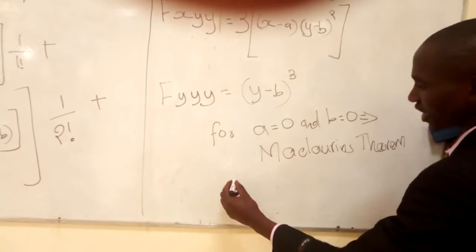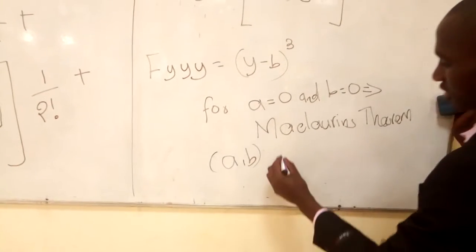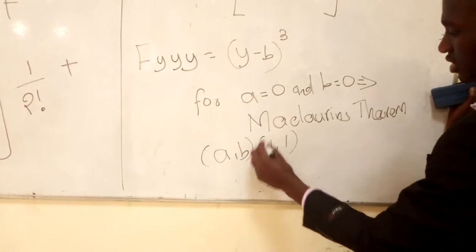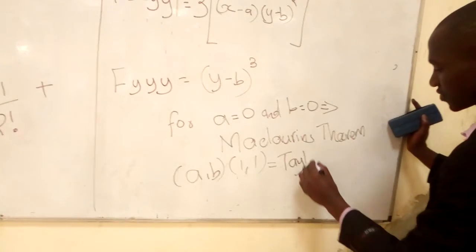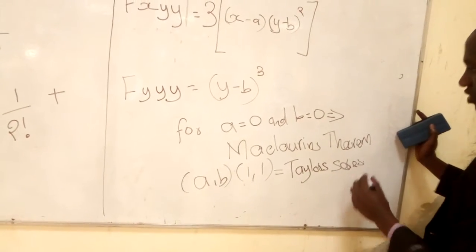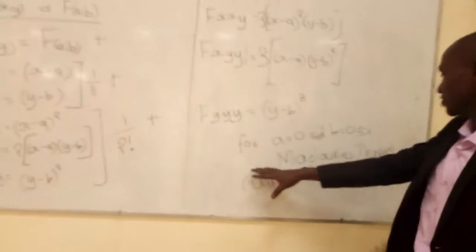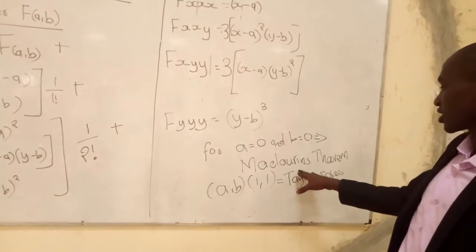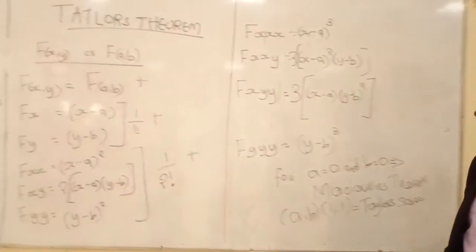But when the values of a and b are 1, 1, then you realize that this one will now define the Taylor's series. So when you substitute by 0, you get Maclaurin's, and when you substitute by 1, you'll get Taylor's. That's all about our derivation.